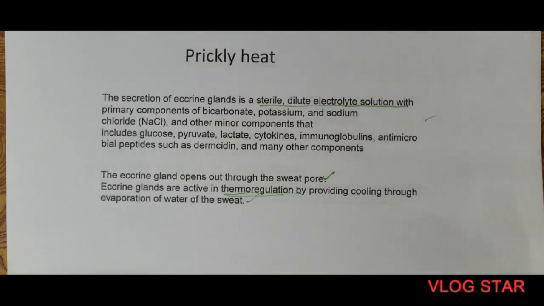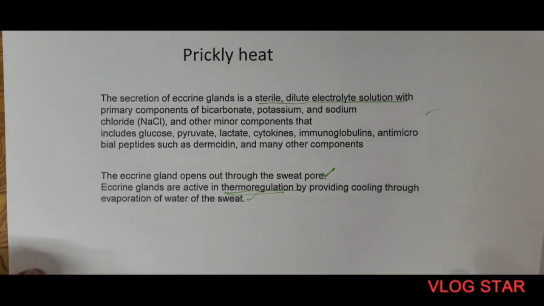When the water evaporates from the sweat, what happens? It takes heat from the skin and then evaporates, thus cooling the skin. So eccrine sweat is mainly for the purpose of thermoregulation.